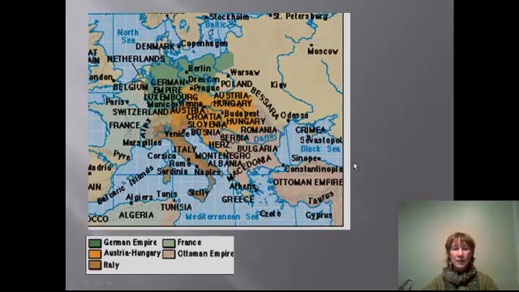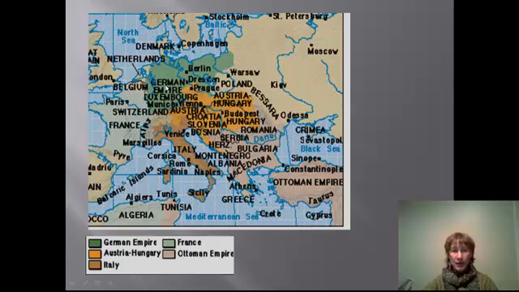If you look at this map, you'll see here is England, this is France, Italy. What used to be the Holy Roman Empire now has become two big major empires.